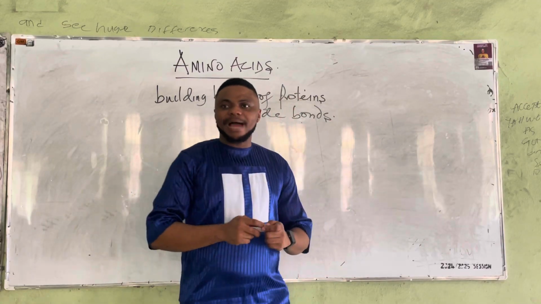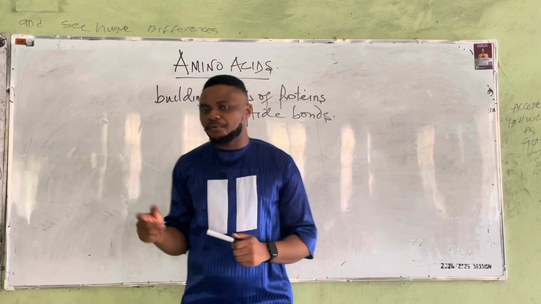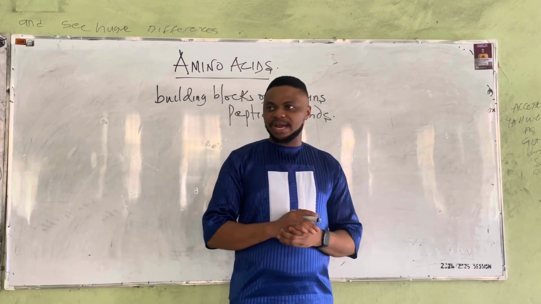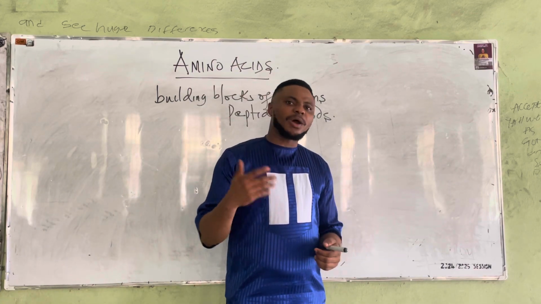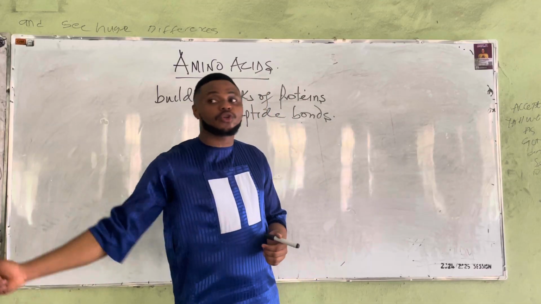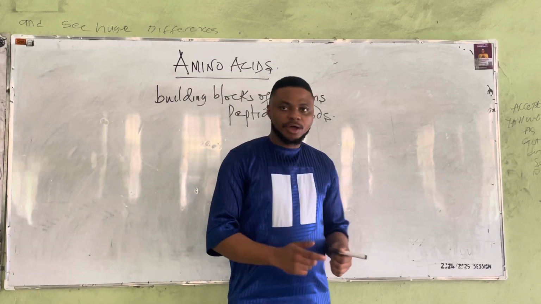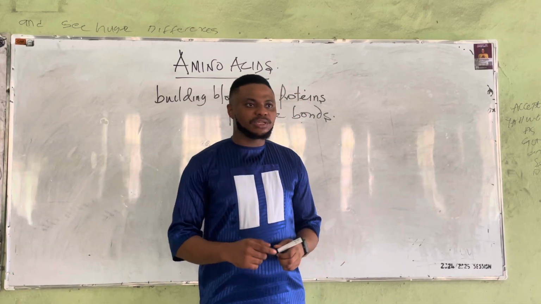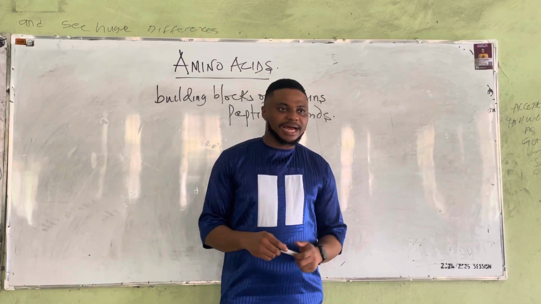Basically, amino acids are the byproduct of every protein molecule. When we say byproduct, we are talking about the end product of protein molecules. It's very important to note that.